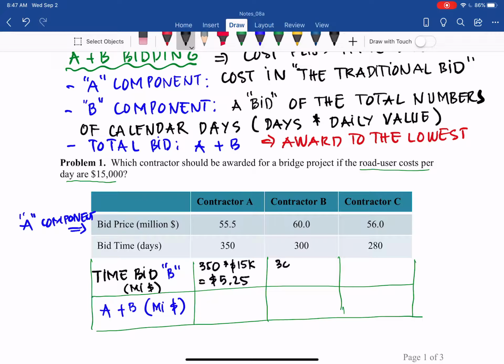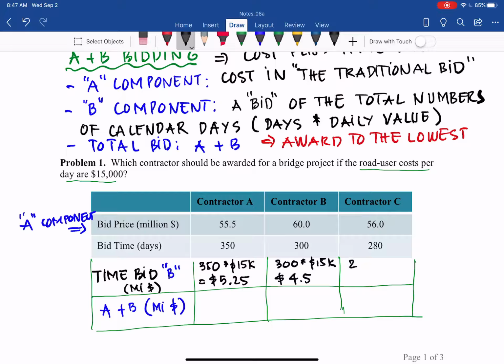And similarly, we have 300 days for contractor B. Each day, user cost potentially generates 15,000, so it will be 4.5 million.